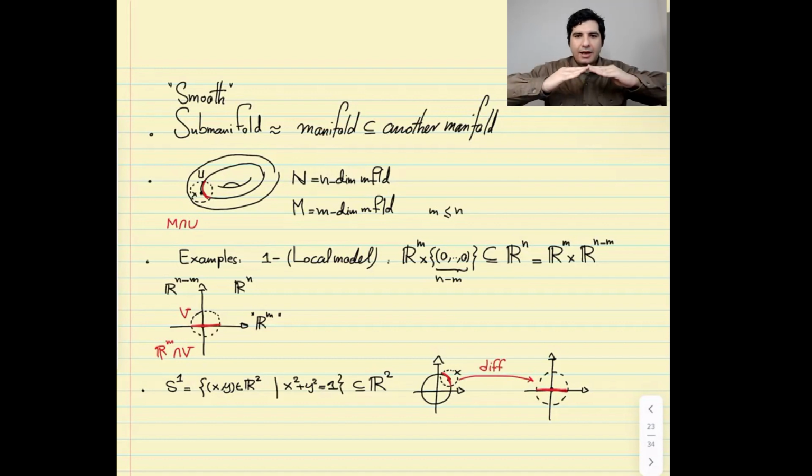Essentially, it just flattens out the circle, right? So again, if you're at x, on a very small neighborhood, the part of the circle you see is like R sitting inside R^2. So S^1 is a one-dimensional submanifold of R^2, right?